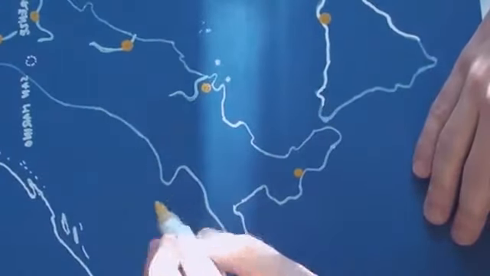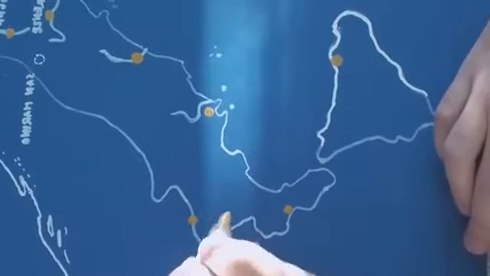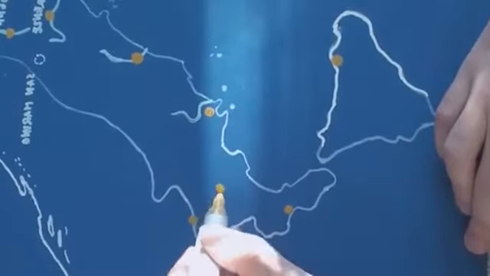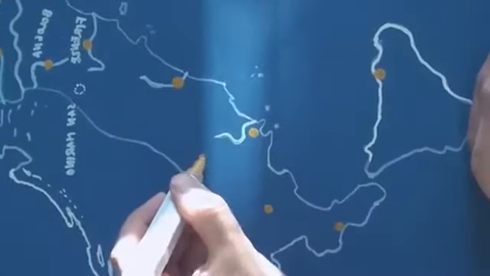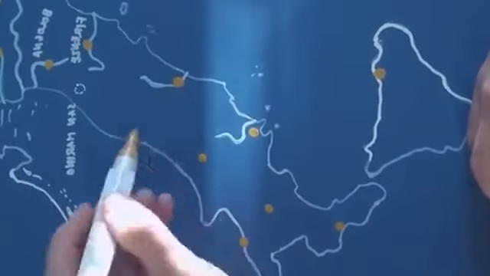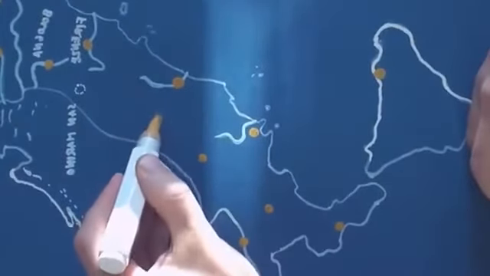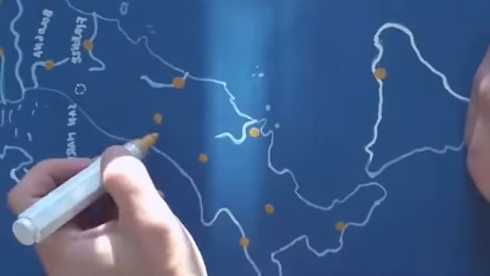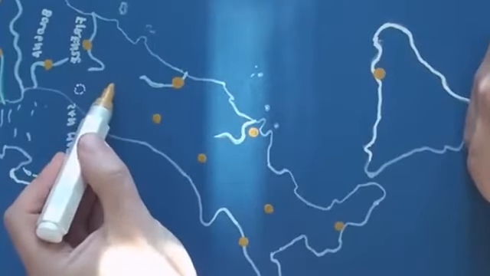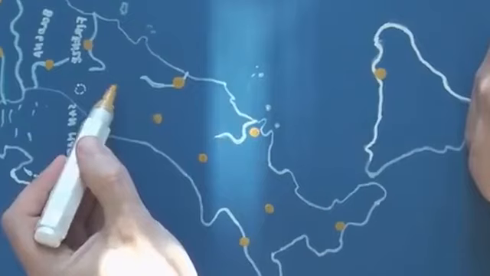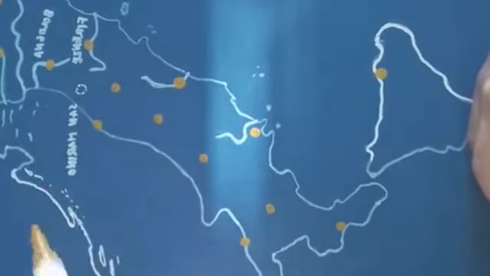We have Bari, capital of. We have Potenza, capital of Basilicata. Campobasso. We have Rome. We have capital of Abruzzo. Capital of Marche. We have capital of Umbria.